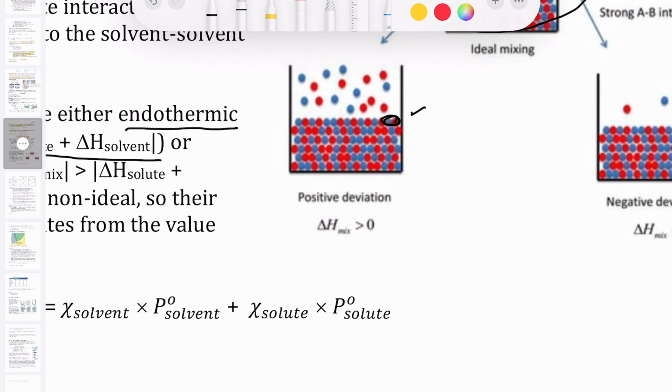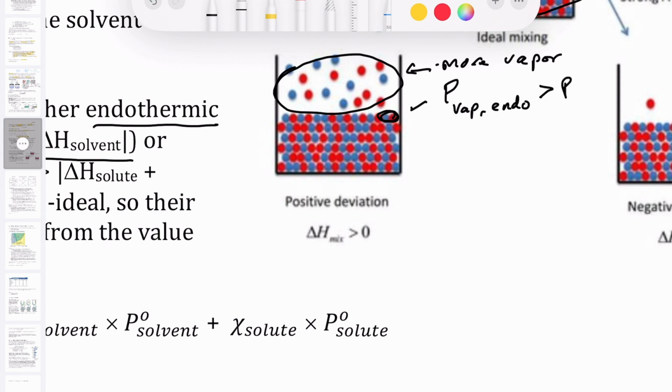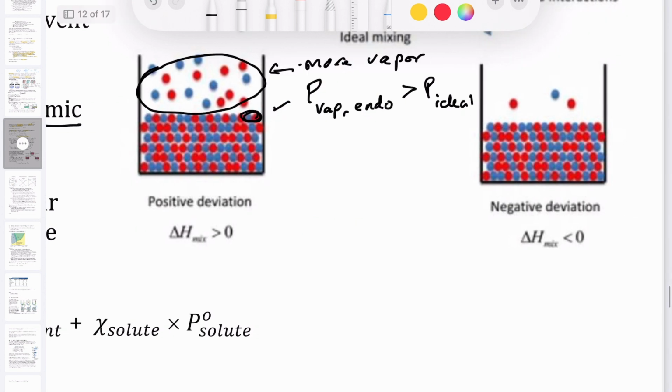As a result, they're kind of repelling each other. When they repel each other, the likelihood that they would go into the gas phase is higher. So there is more vapor than you expect compared to an ideal solution. For an endothermic solution, the P vap of this endothermic solution is going to be higher than the vapor pressure that you observe in the ideal solution.